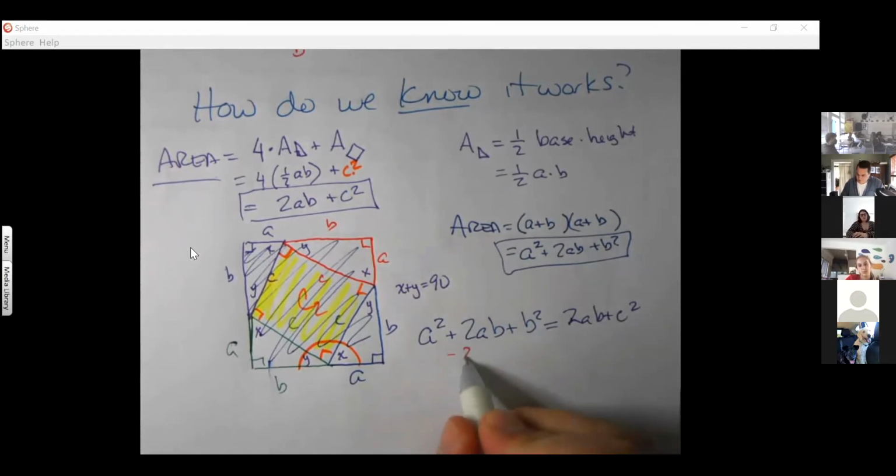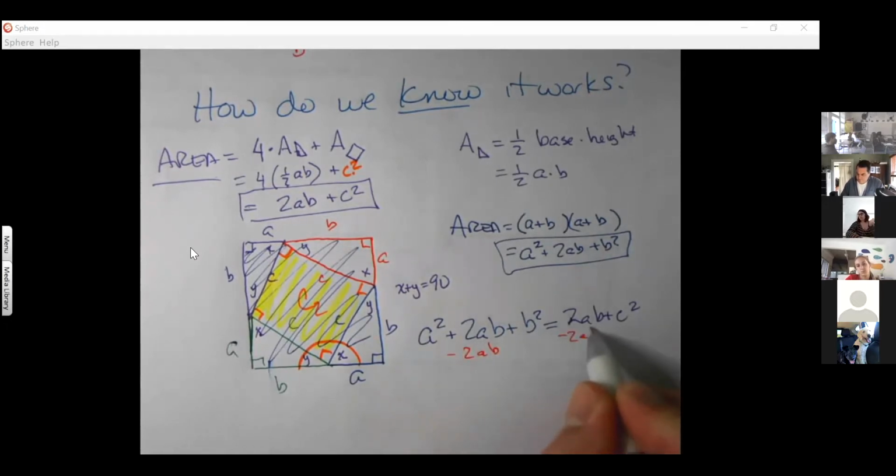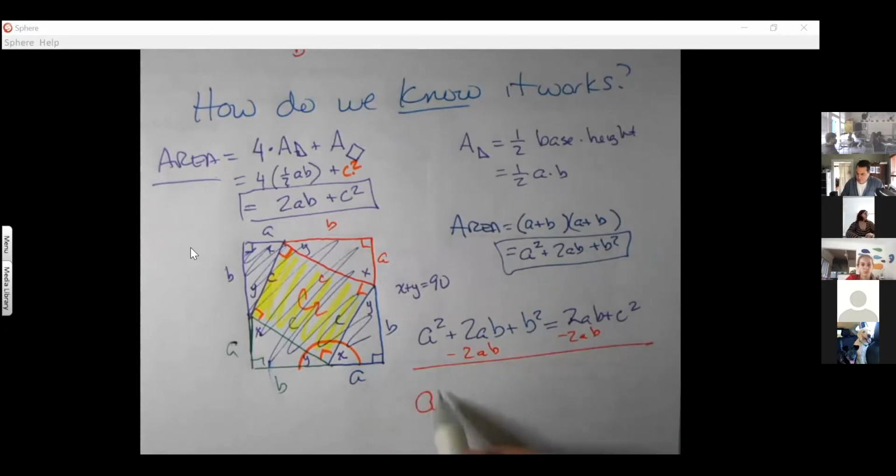And if I subtract 2AB from both sides, what I'm left with is A squared plus B squared equals C squared, which is what I was trying to prove.